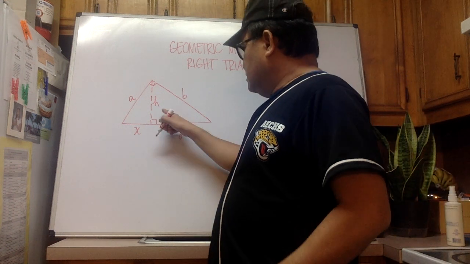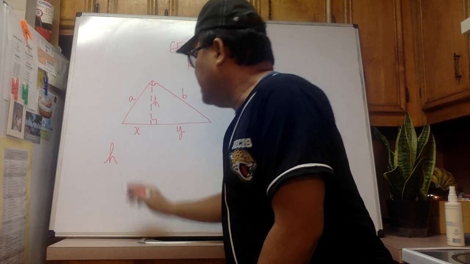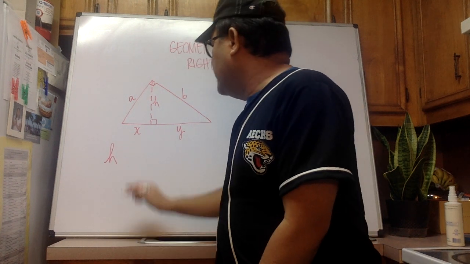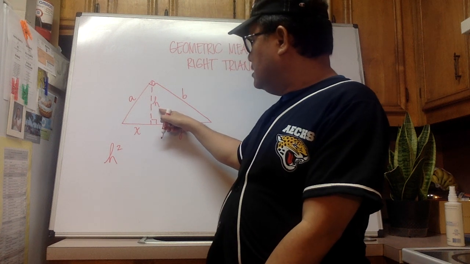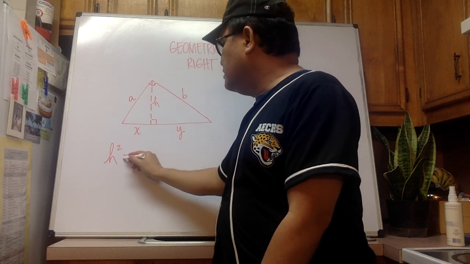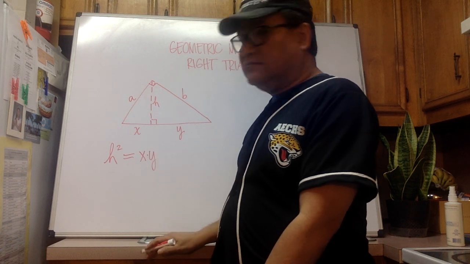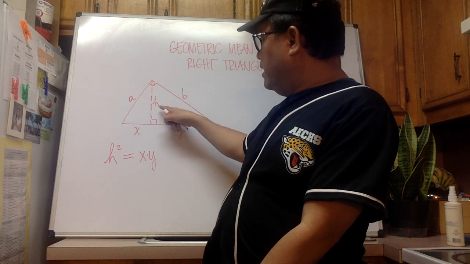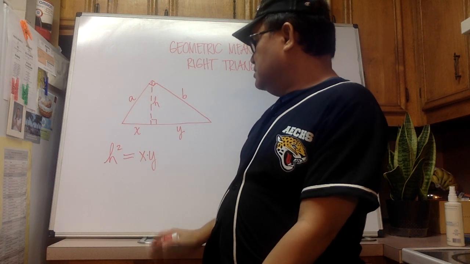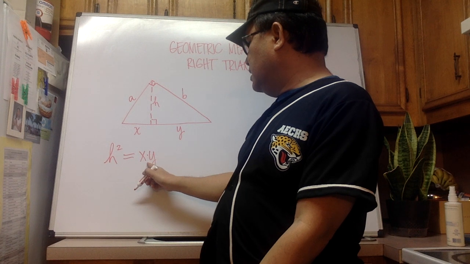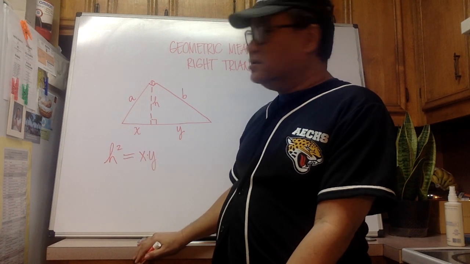The altitude h, when you square it, is equivalent to x times y. So the square of the altitude is equal to the product of the two parts of the hypotenuse.